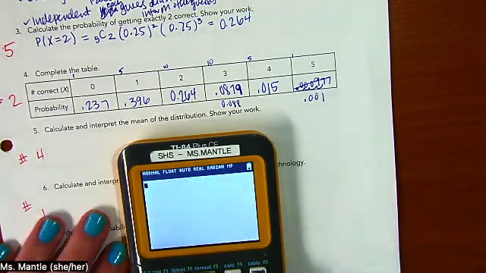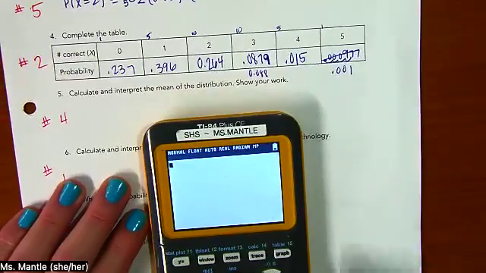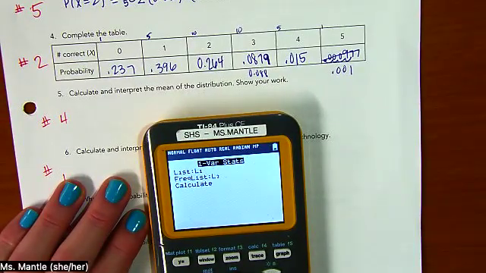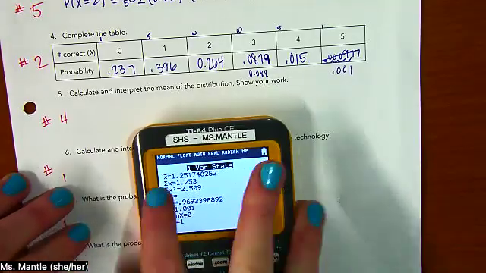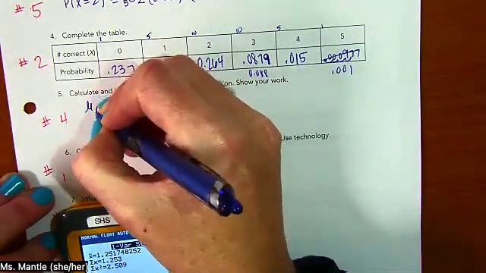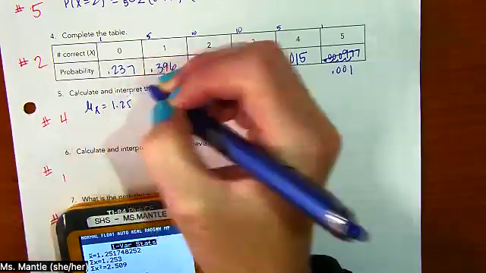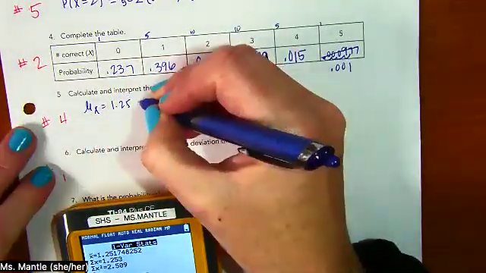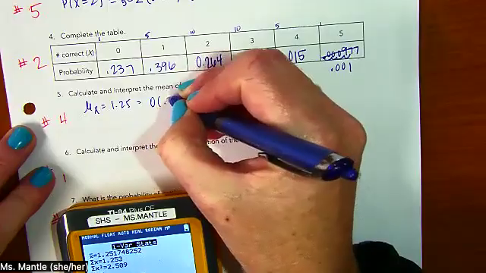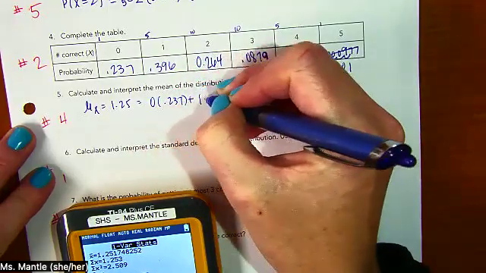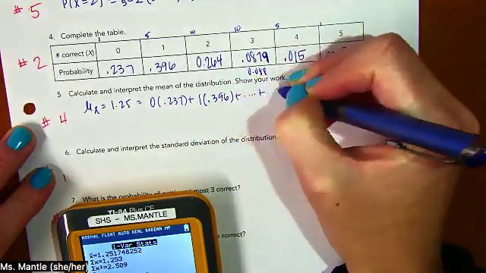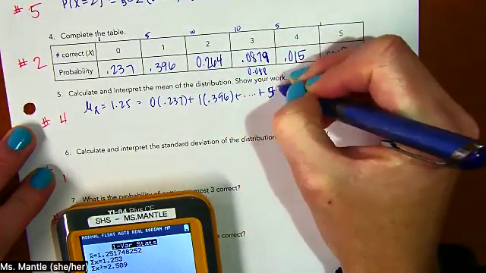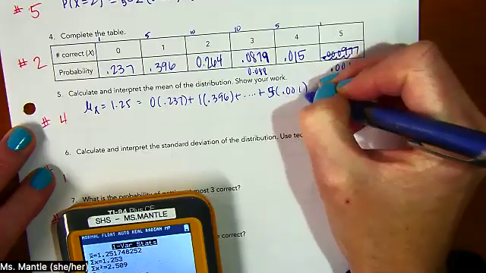Just as we've done with all of our probability distributions, we're going to go to one var stats. We're going to do L1 versus L2, and we get the mean. Remember X bar, we're going to call mu sub X, 1.25. Oh, we should probably show some work here: 0 times 0.237 plus 1 times 0.396, dot dot dot, through 5 times 0.001.